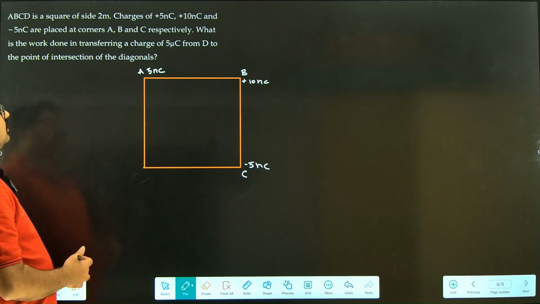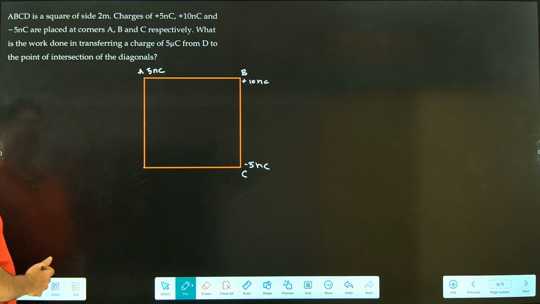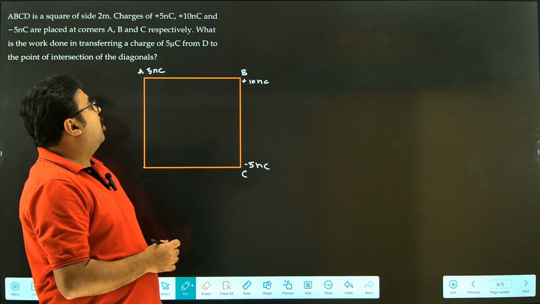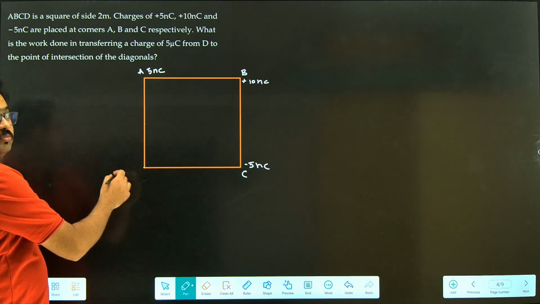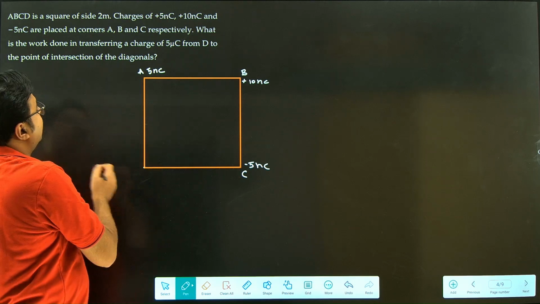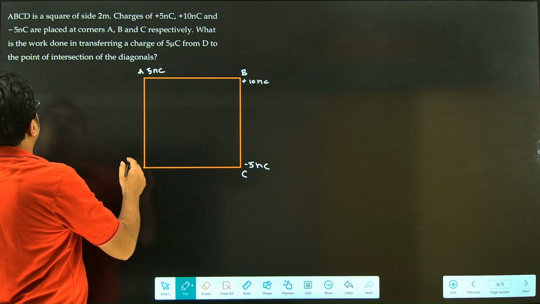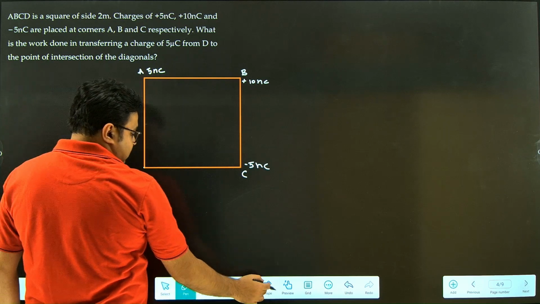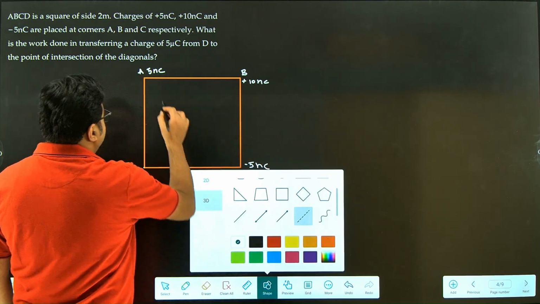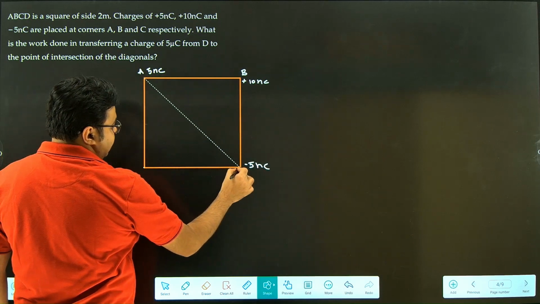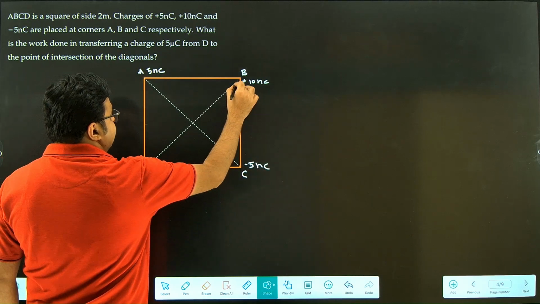Let's find out what is supposed to be done. What is the work done in transferring a charge of 5 microcoulomb? So there is a 5 microcoulomb charge that's going to be kept at corner D to the point of intersection of diagonals. So if you just see where the diagonals would intersect, here is the first diagonal and there is the second diagonal.